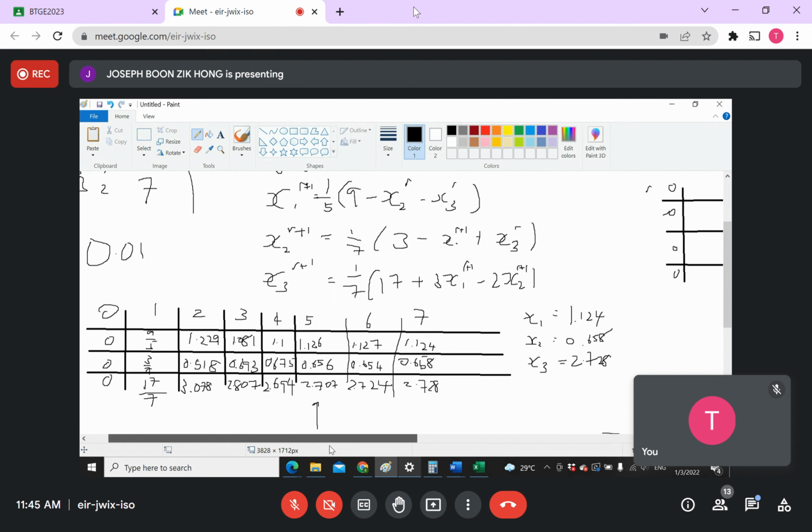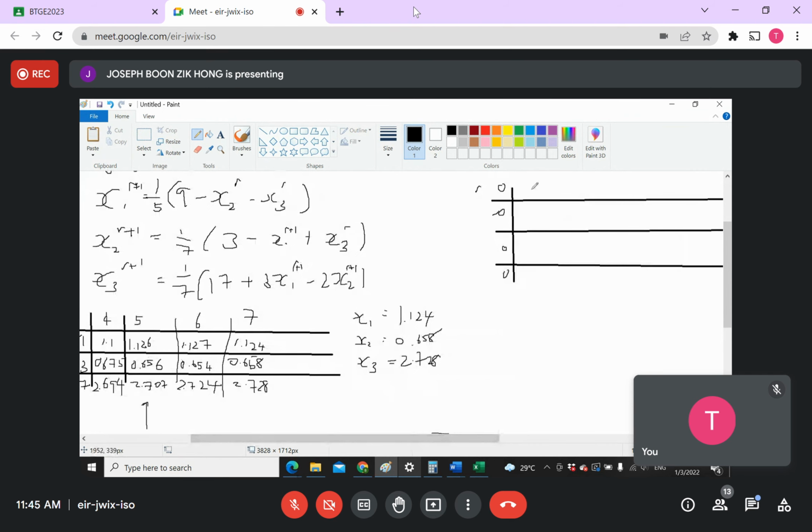Your x1 is still the same, 9 over 5, which is 1.8. Second, 3 minus 1.8, divide by 7, 0.171. Third, 17 plus 3 times 1.8 minus 2 times 0.171 divided by 7, 3.151.